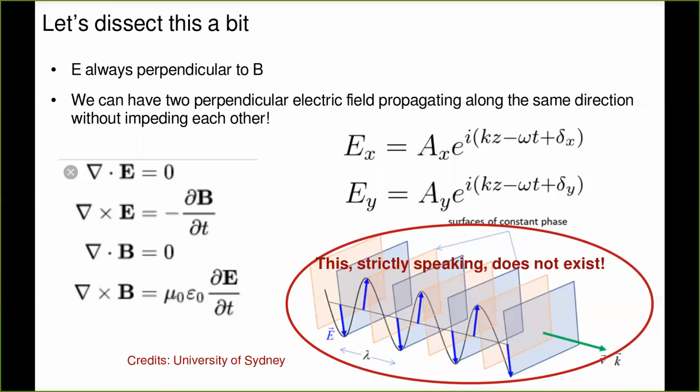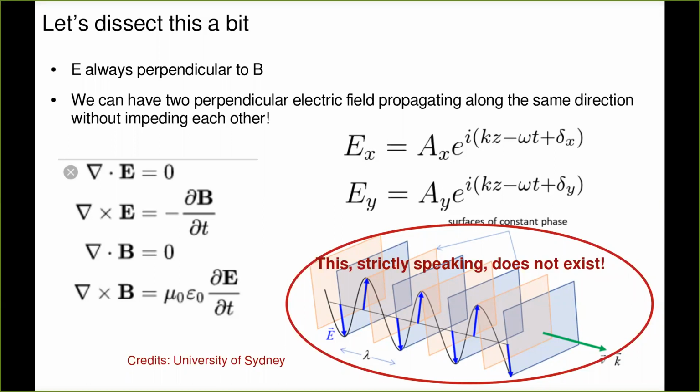Here we usually plot one electric field, and always remember that even though we are plotting the electric field along one line, it is actually infinite in x and y. This is why it's called a monochromatic harmonic plane wave. But in principle, in addition to this x component, I can have another perpendicular component, and they can propagate without interfering with each other at all.